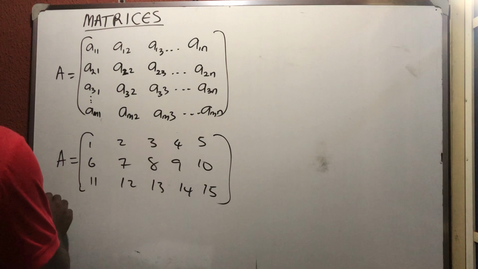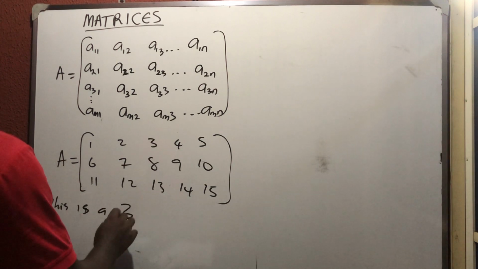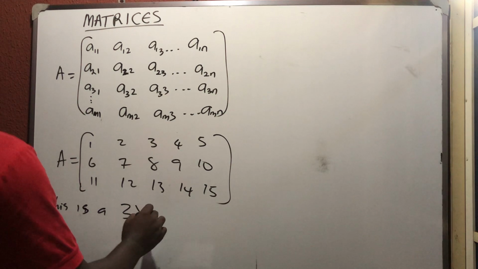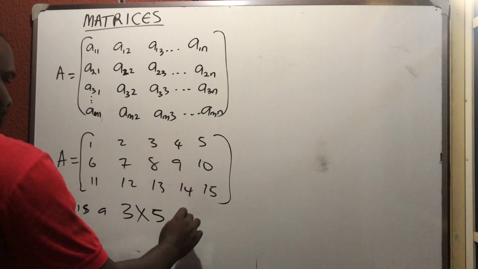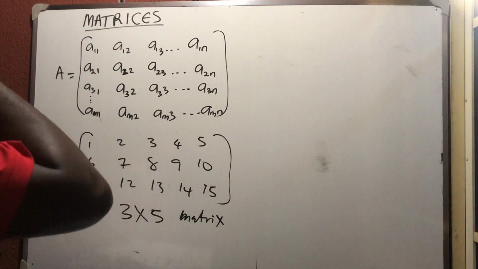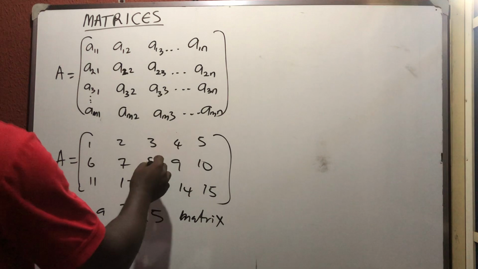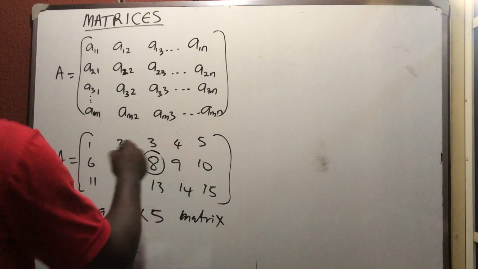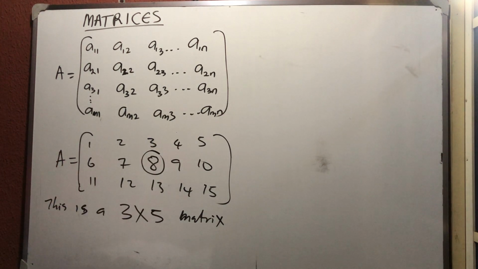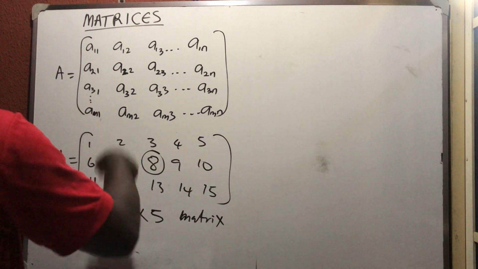So this is a 3 by 5 matrix. Don't forget that we mention the row first before the column. So if they ask what is the position of 8? Let's check it out. 8 is in the second row, but in the third column.